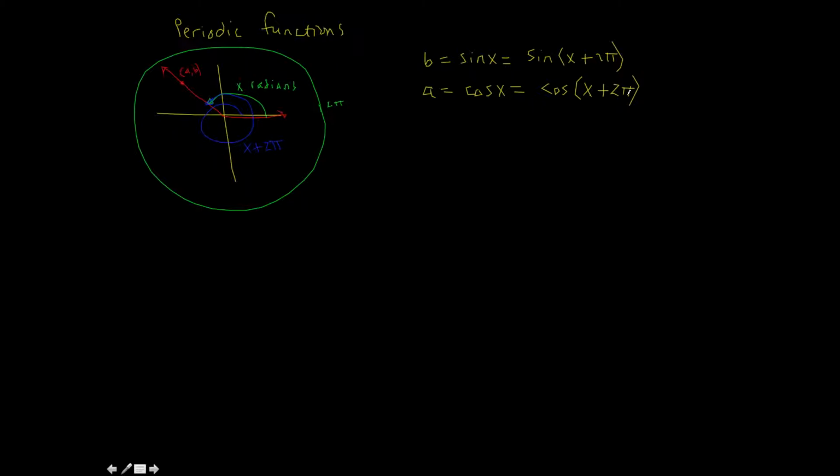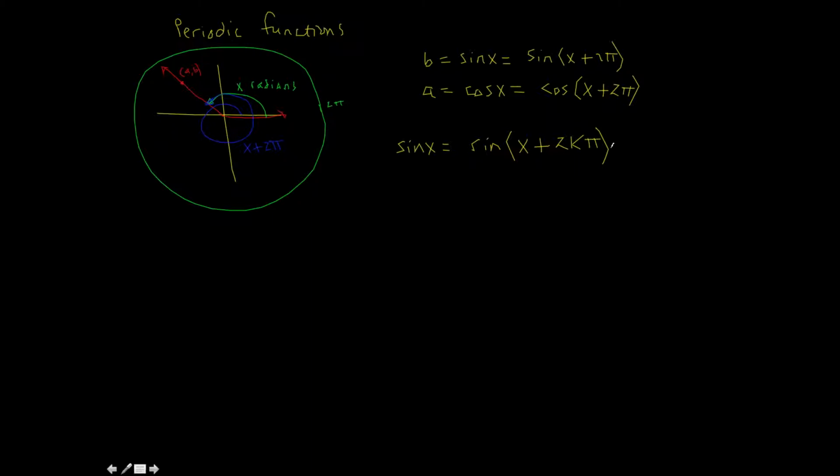Now here's the general rule that we can say. In general, sine x equals the sine of x plus 2k pi, where k is some integer, so we're adding integer multiples of 2 pi.